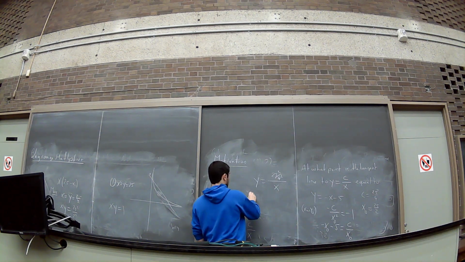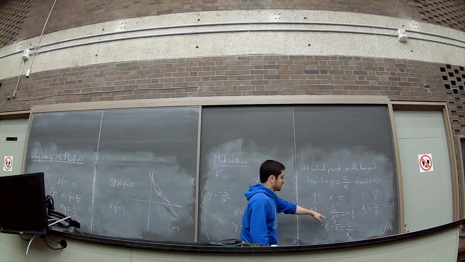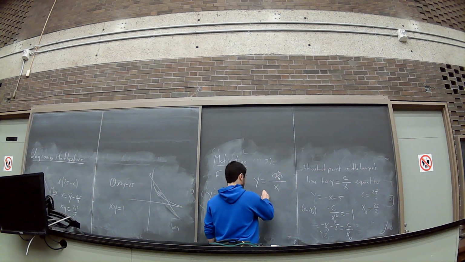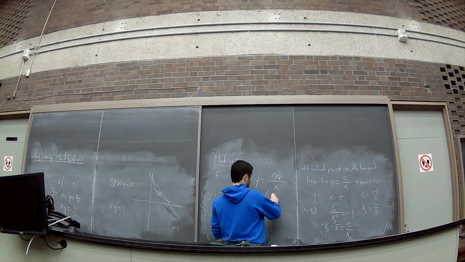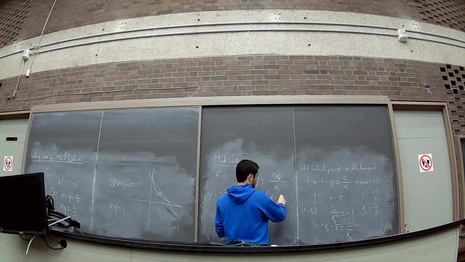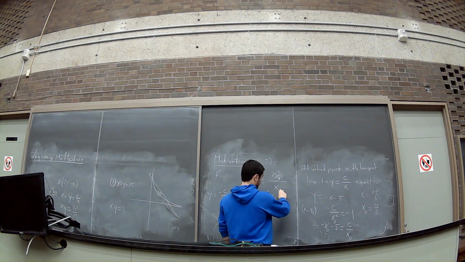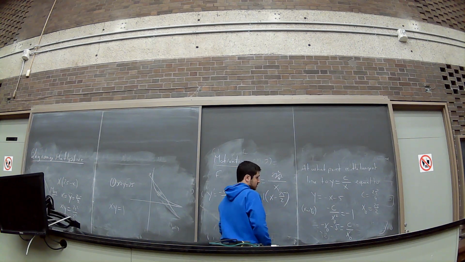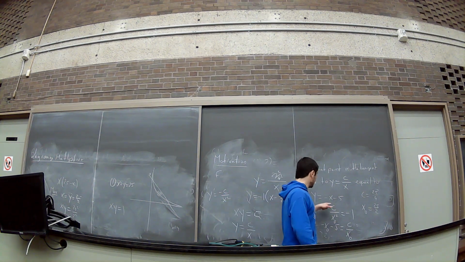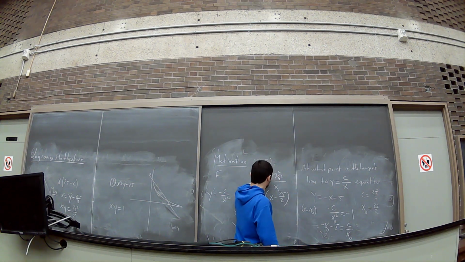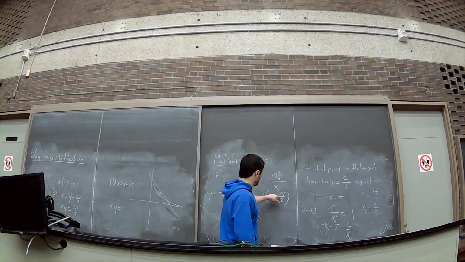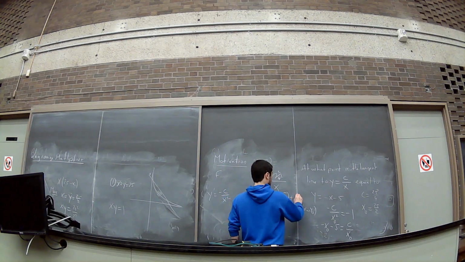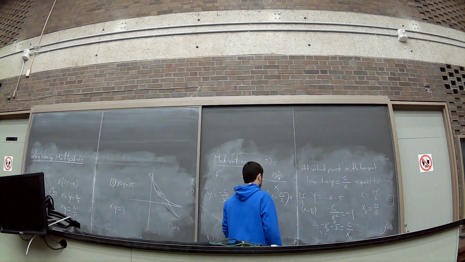How do you compute it? Y is just minus 1 times x minus 25 over 2, plus what is the value of y at 25 over 2? So 25 squared over 4 divided by 25 over 2 is just 25 over 2.